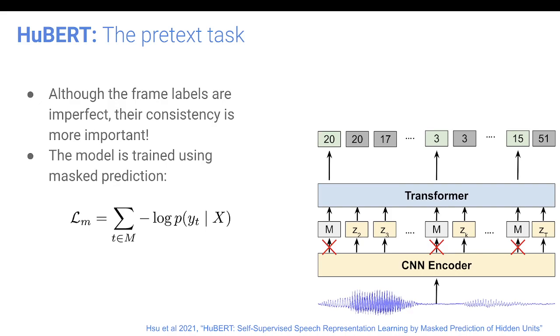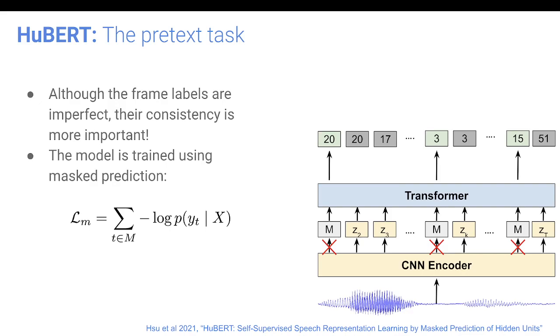The reason this works is that the transformer network acts as a combination of an acoustic model and a language model, because it needs to learn some latent representation of the unmasked segments Z, and then temporally combine, or learn what would relate positions that are masked with positions that are unmasked, such that it will learn to predict the true label at the masked step. So having this masked prediction loss is key to getting this algorithm to work.